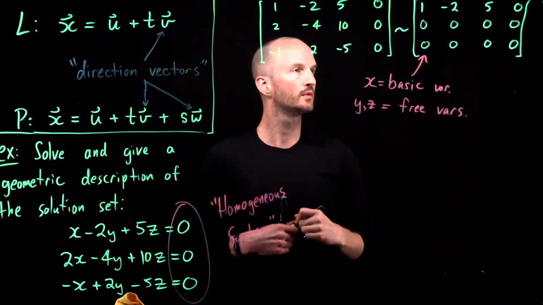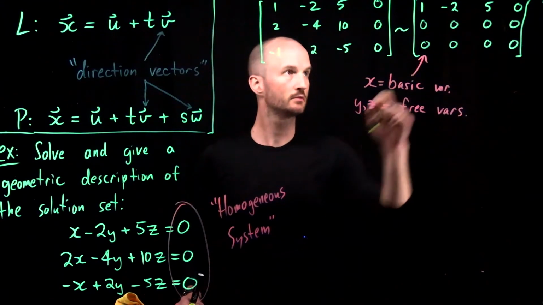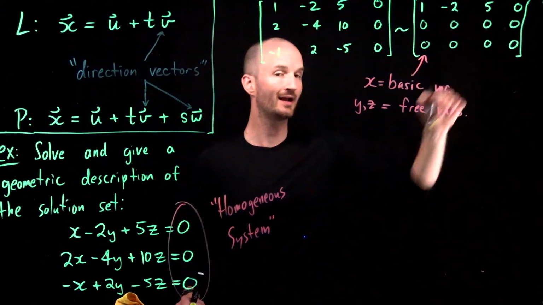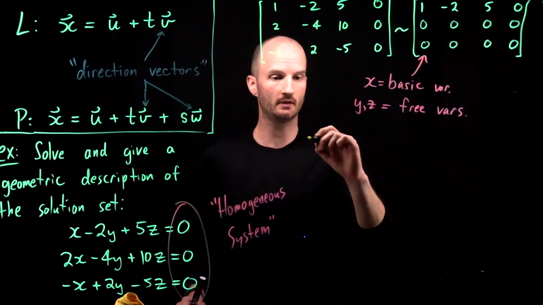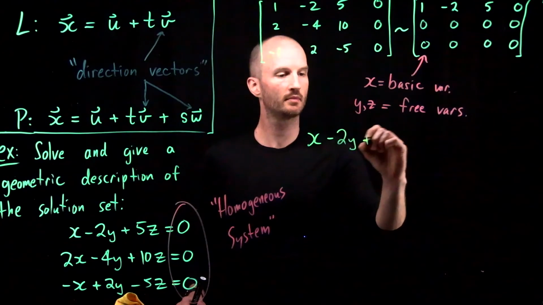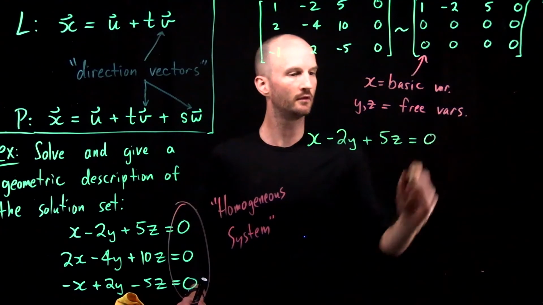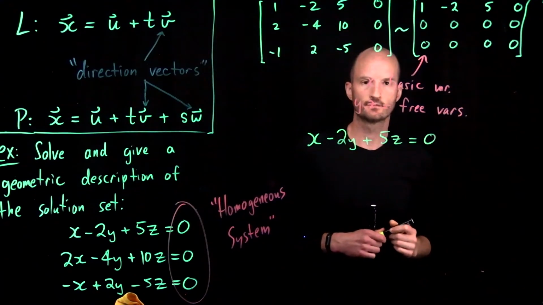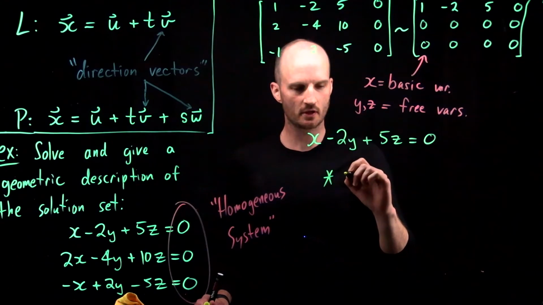Okay, so to solve such a thing, I'm going to write out basically what I have left here from my reduced echelon form. I have x minus 2y plus 5z is 0. And then I will solve for my basic variable.